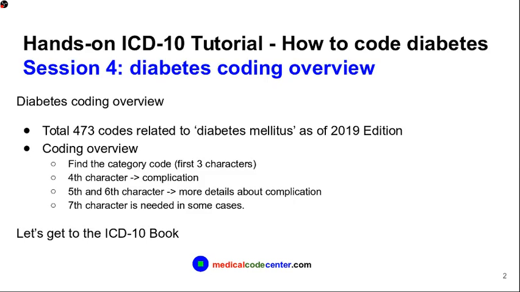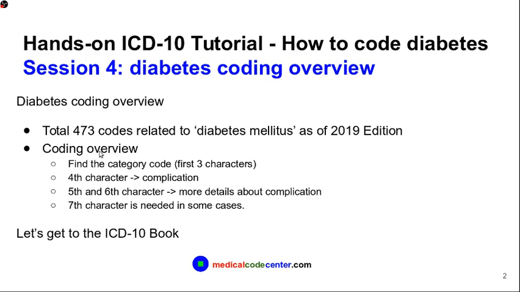First, let's get an overview of diabetes coding. There are about 473 codes related to diabetes mellitus as of the 2019 edition of ICD-10-CM.